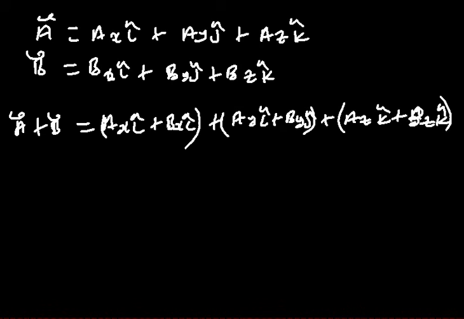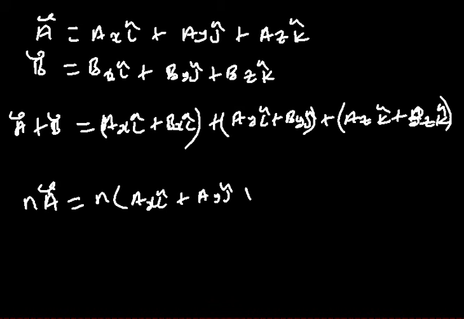And let's say we have n times vector A. What it means here is that n is a scalar value which we have to distribute all over. We have n times vector A, that is Ax i hat plus Ay j hat plus Az k hat.